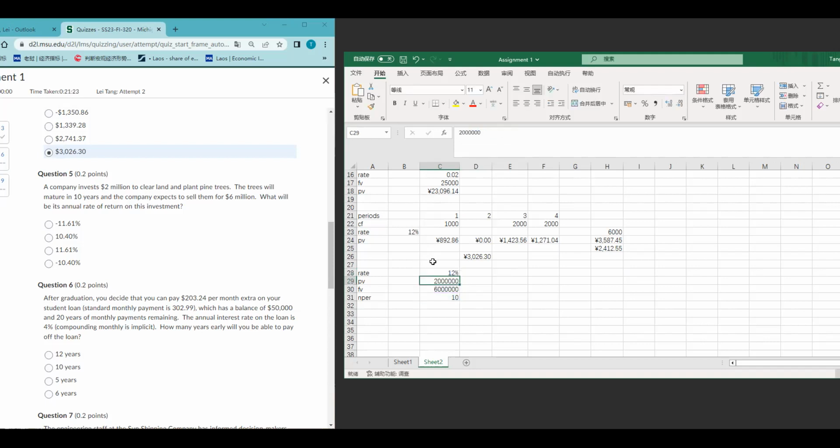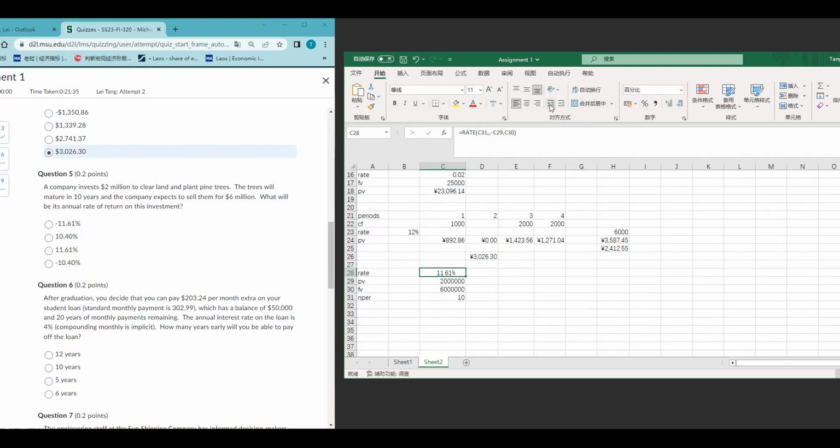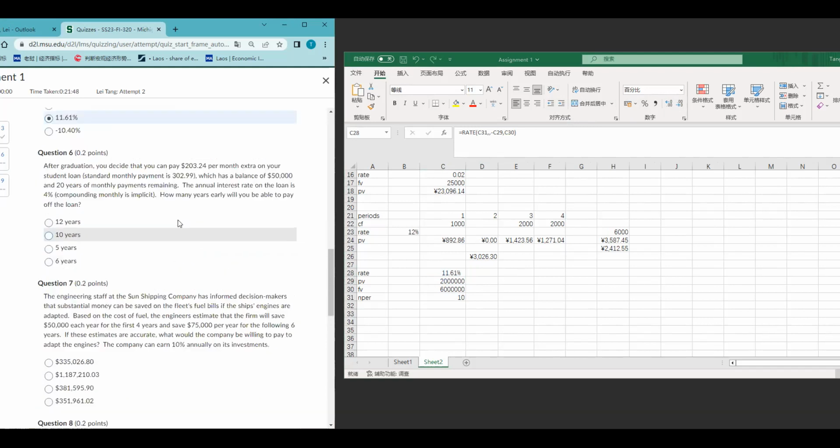So it's going to be 12%. Okay, so the answer is 11.61%. Okay, choose this. So the answer for question 5 is C.